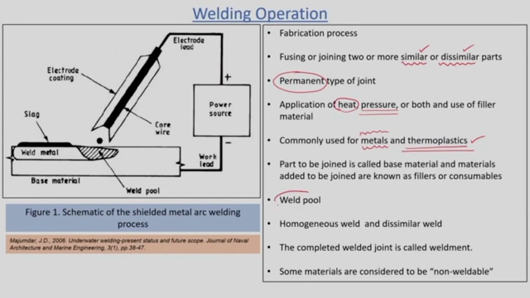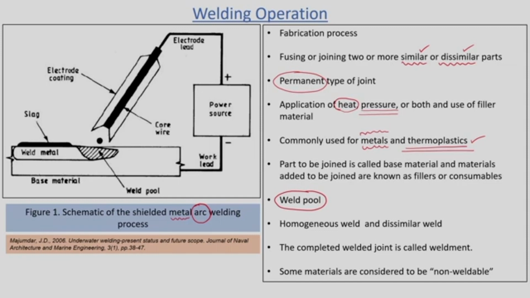So, weld pool is generated during the welding operation. A schematic is there in front of you. This is a very common process that we can see around. It is arc welding process. It is a metal arc welding process. It is used to join the metals together.